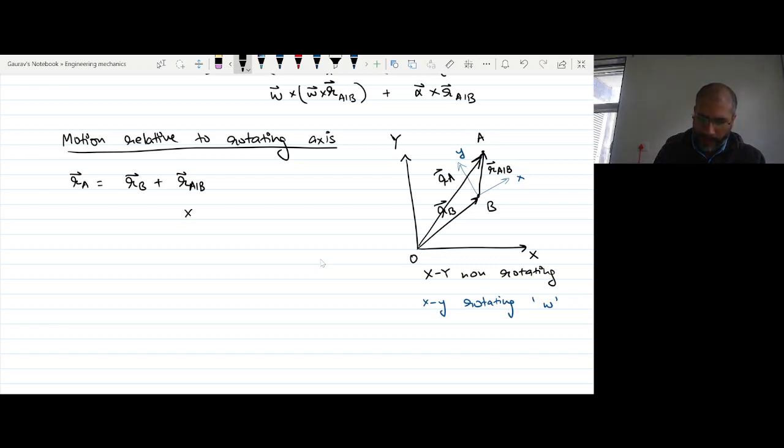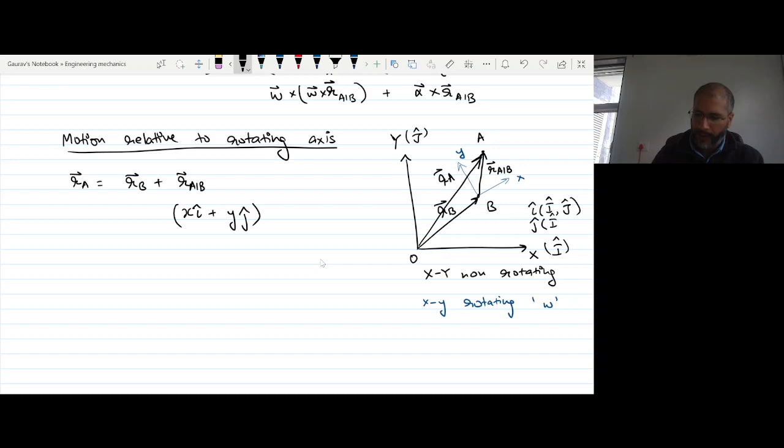So let's say we measure it as xi plus yj. So i and j in this case are unit vectors in the small xy axis. If in the capital axis we have unit vectors as capital I and capital J, then small i will be some function of capital I and capital J, and so is small j.